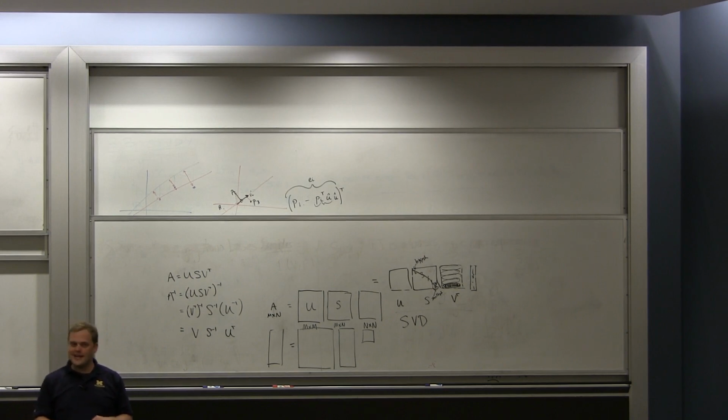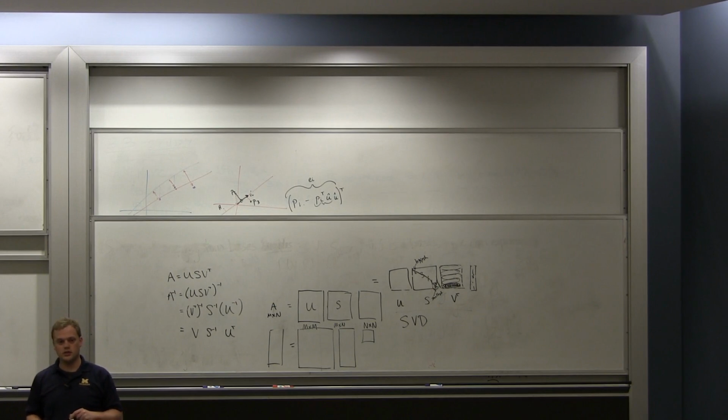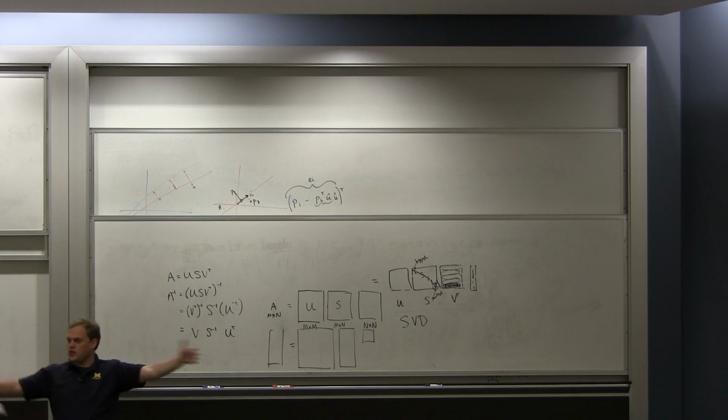In other words, the space that I can't reach by taking linear combinations of the columns and rows. Max of m comma n minus min of m comma n. Right? So as the matrix gets really tall or really strangely shaped, as it gets less and less square, the null space is getting bigger and bigger.